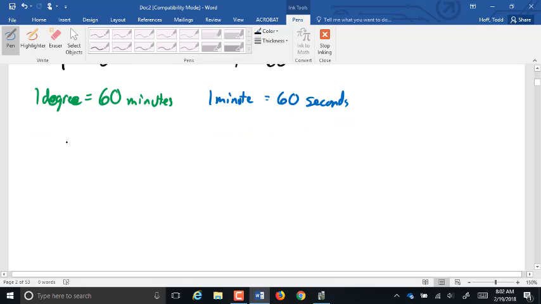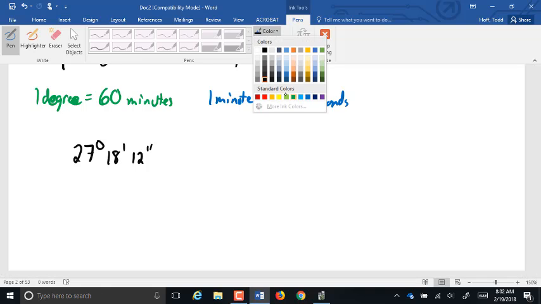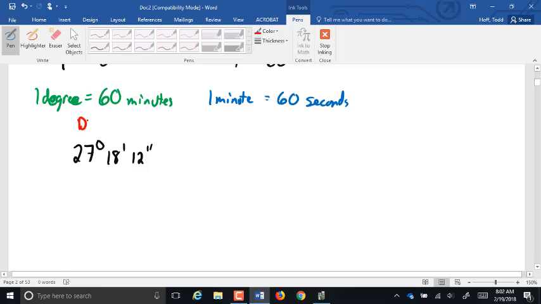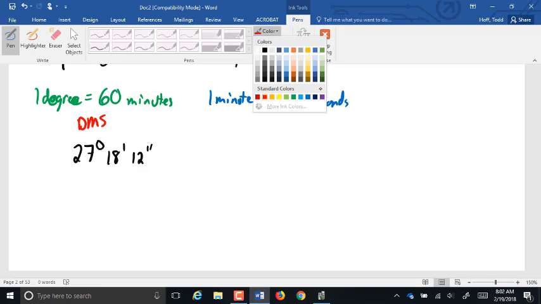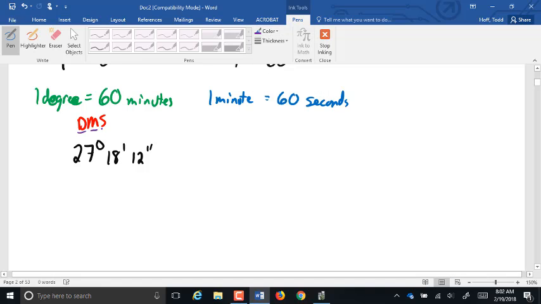So we might have an angle that is 27 degrees, 18 minutes, and 12 seconds. This notation is referred to as DMS notation, simply standing for degrees, minutes, seconds.